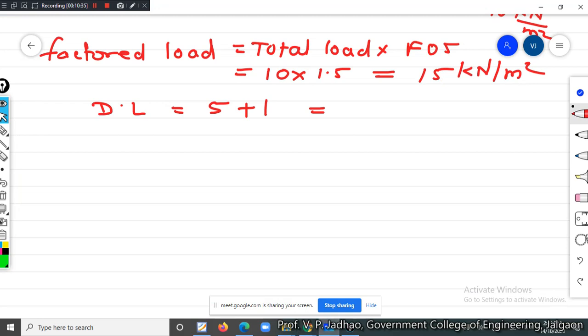Therefore your dead load will be equal to 6 kilonewton per meter square, and the live load is the given value, equal to 4 kilonewton per meter square.